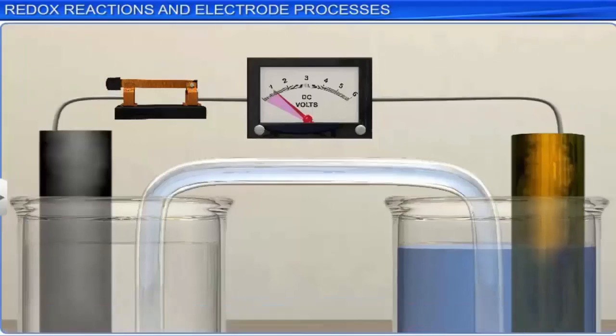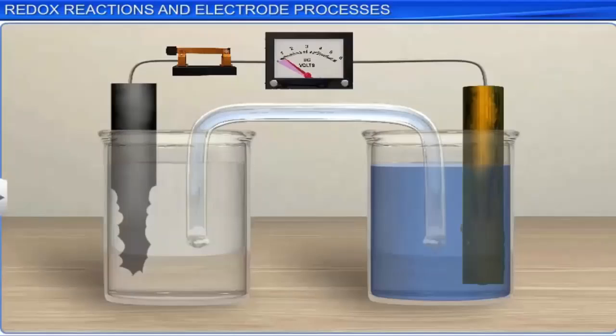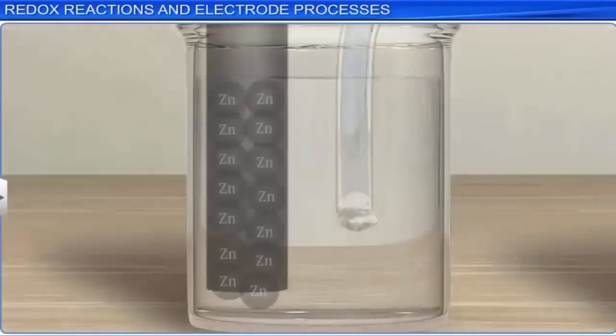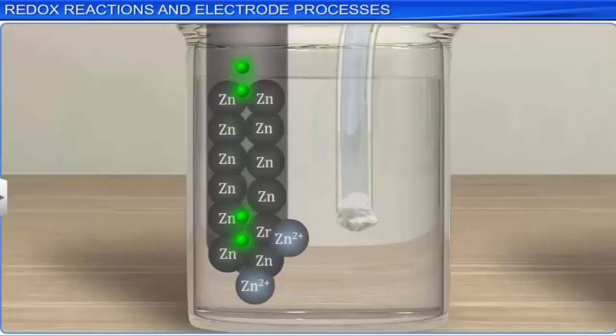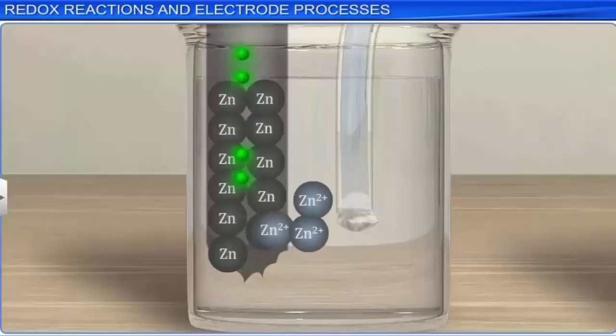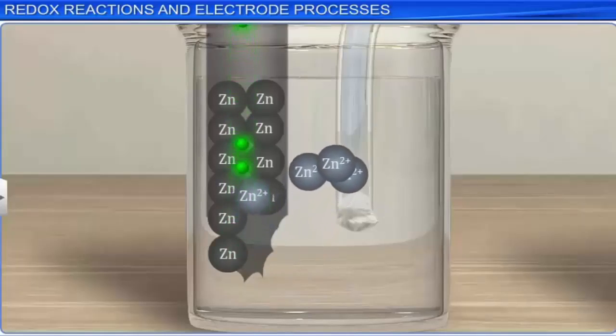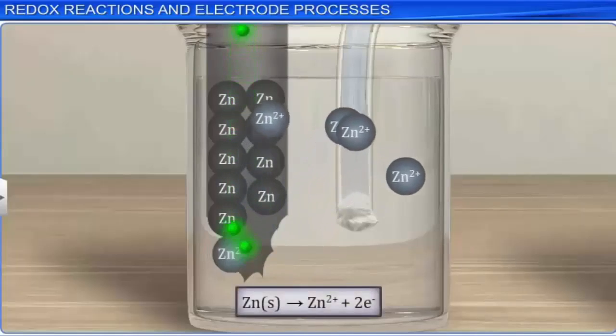The current is caused due to the chemical reaction taking place between the two beakers. Since zinc is a more active metal than copper, it loses electrons and gets oxidized. The equation for this reaction can be expressed as zinc atom loses 2 electrons to form zinc ions.